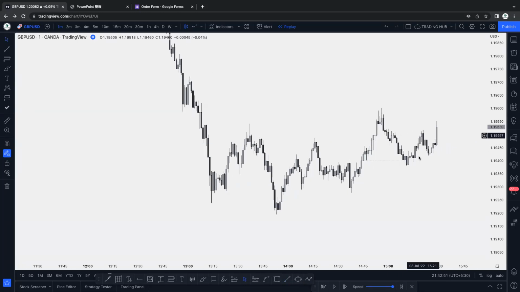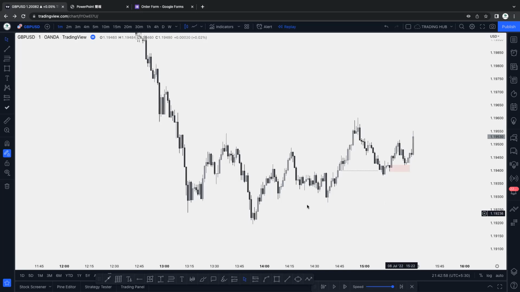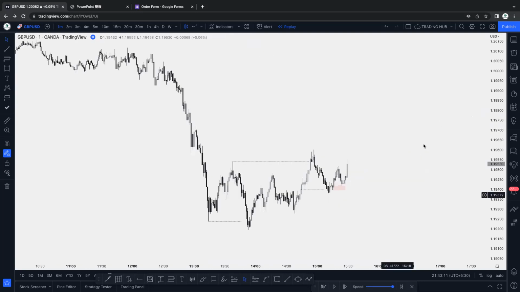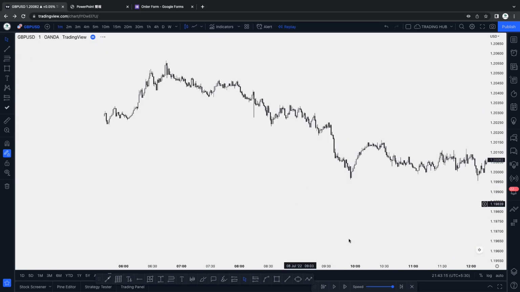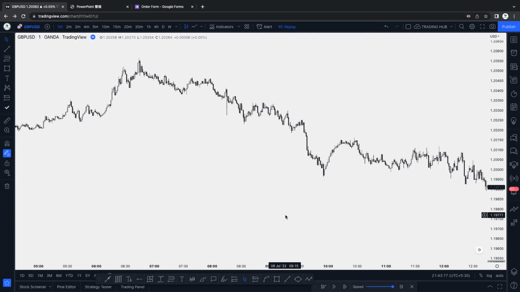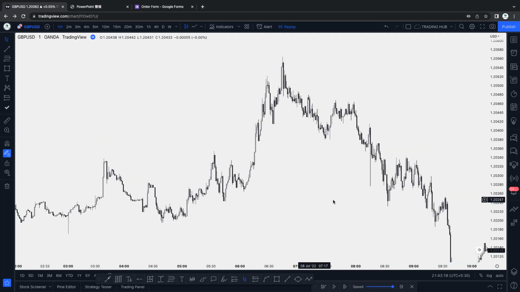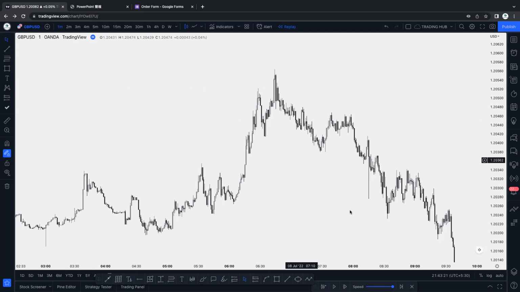After taking out this low, we can buy here, and another position is here, because the market broke this structure here. Okay.